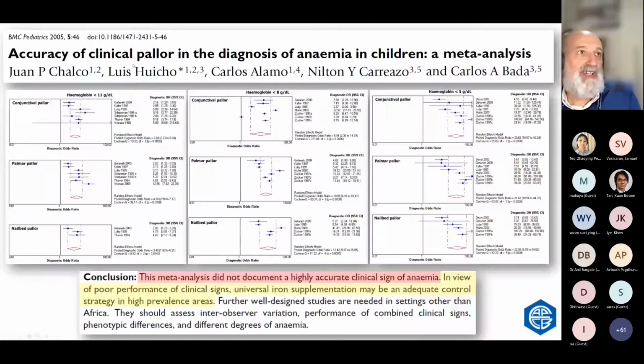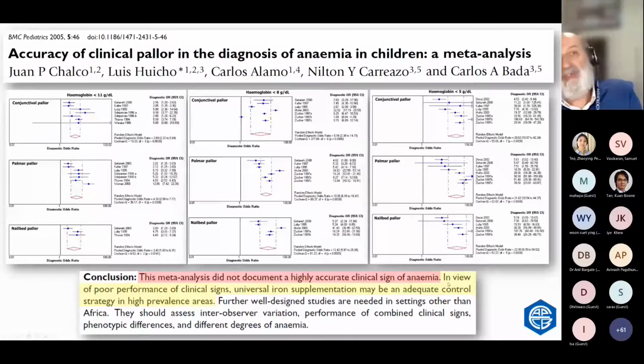Now with children you can't easily diagnose their anemia based on conjunctival pallor or palmar pallor or nail bed pallor. So in this meta-analysis, covering the last 15 years, it did not document highly accurate clinical signs of anemia. So clinically, you can't pick anemia in children.